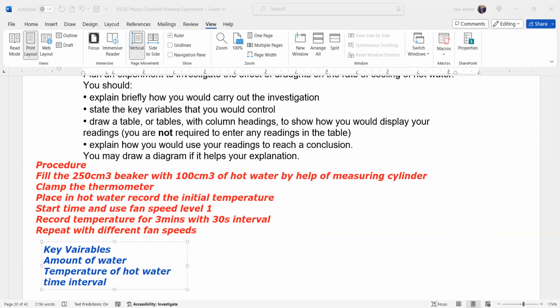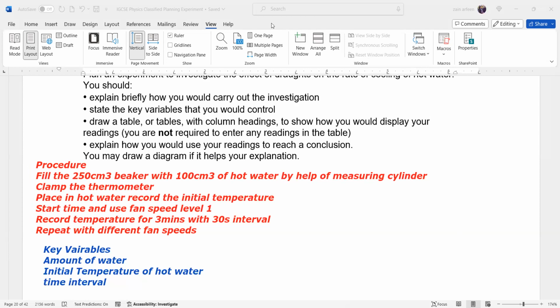The initial temperature of the hot water is a variable, so you should mention minimum to maximum. It can be any number. The next one, draw the table. Yeah, that's good. Distance of the fan from the beaker. That's right, Mubashir. So the distance of the fan from the beaker also affects the rate of cooling.